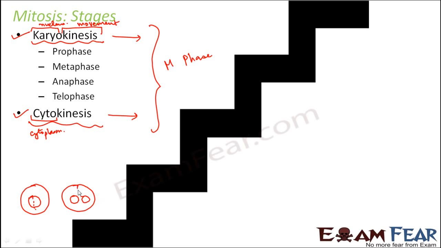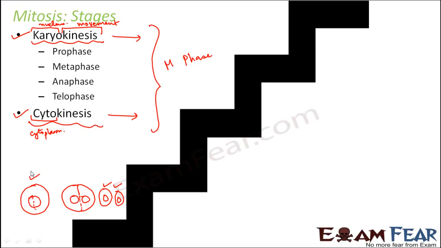Now this cytoplasm also gets divided into two halves. So what will you get? You will get two cells, and exactly that is what is happening in this process as well. So basically the parent cell is getting divided into two daughter cells. How is that division happening? First the nucleus gets divided, which is karyokinesis. That is followed by the division of the cytoplasm called cytokinesis.